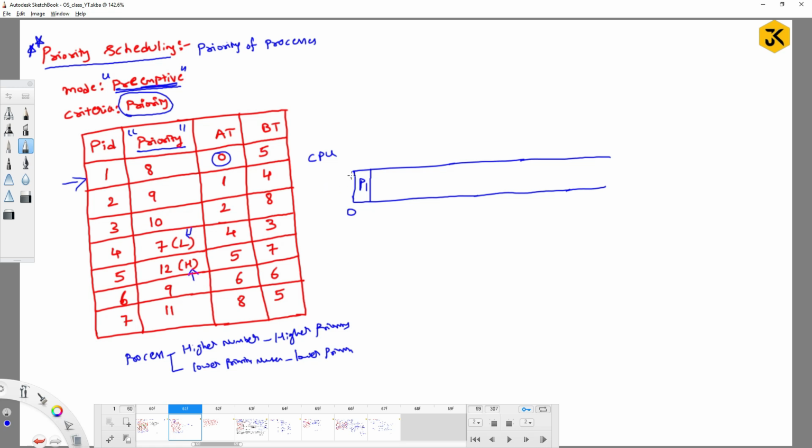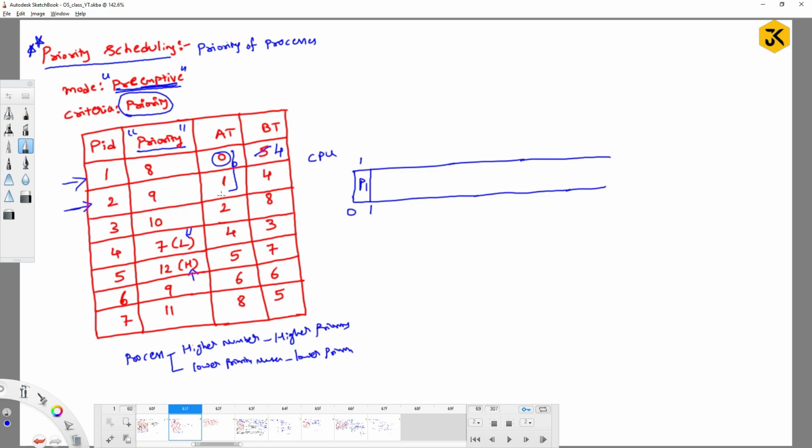As it completes 1 unit of time, it is left with 4 units. How many processes are there now? 2 processes, because one has arrival time 0 and another has arrival time 1. By the 1 unit completion, we are left with P1 and P2.